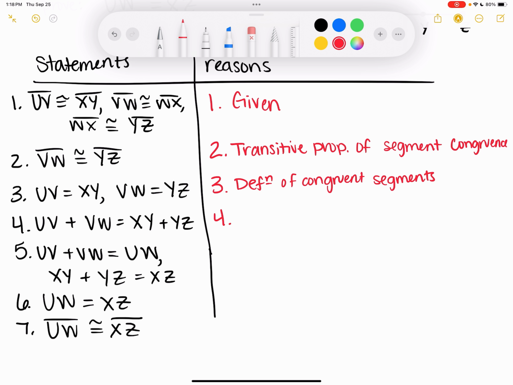What about 4? Nope. Segment addition. Nope. Not yet. Nope.